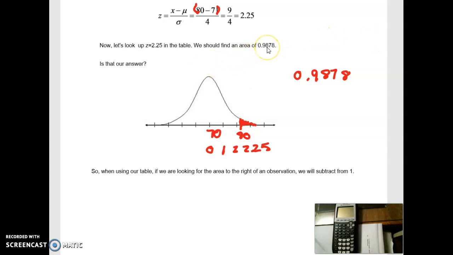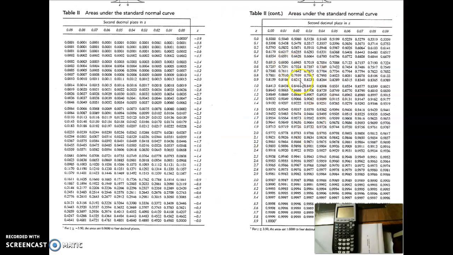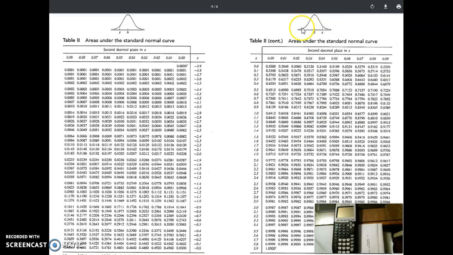Now as a percent, that is 98.78%. And we can clearly see that this little tiny area is not 98.78% of your curve. That's because, if you remember, these tables only give you the areas that are to the left.